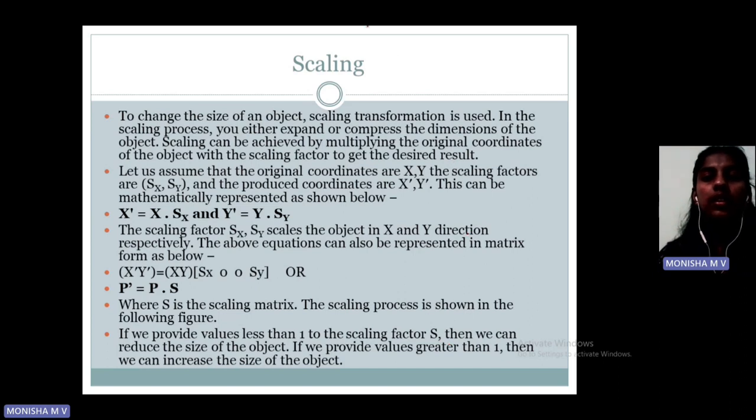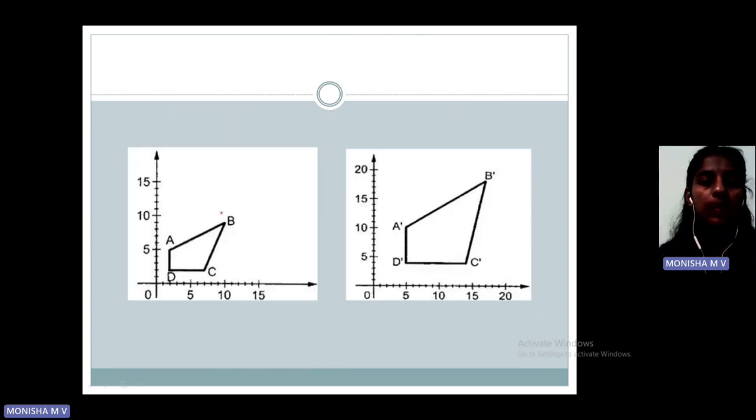Now let us see that with an example. See, this is one graph and this is another graph. When we give an s value less than 1, the object size will be decreased, reduced. And when we give an s value greater than 1, the object size will be increased.